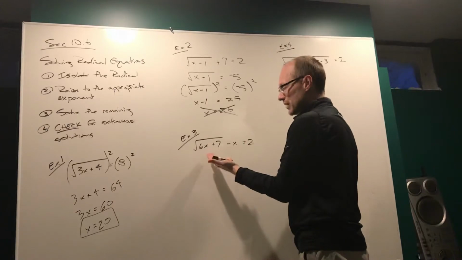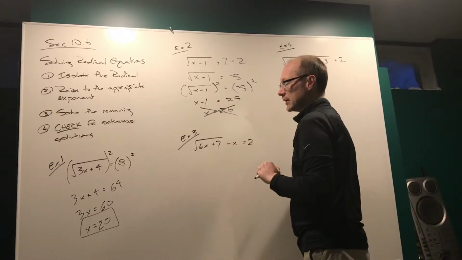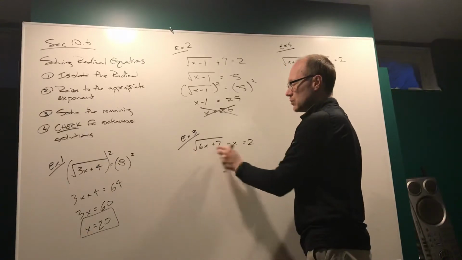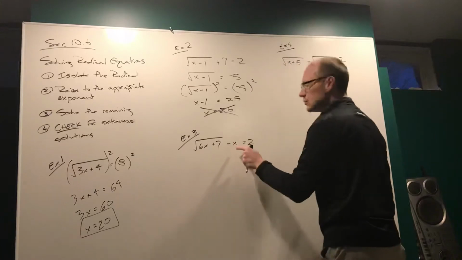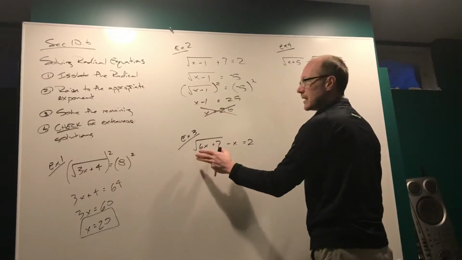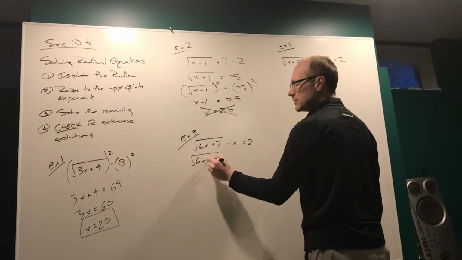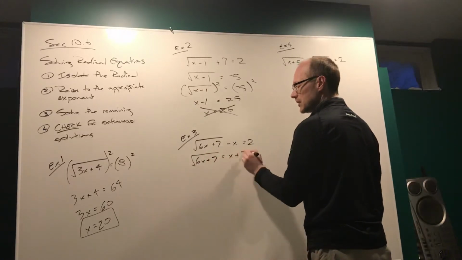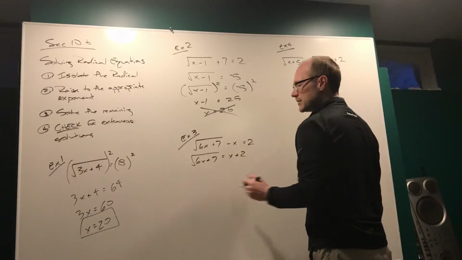So when we do this equation right here, we're going to have to check for extraneous solutions very carefully. Square root with a variable on the outside, that's going to be a bit of a mess. So I'm going to still follow the pattern, isolate the radical by adding x to both sides. I get x plus 2. And now I'm going to square both sides.